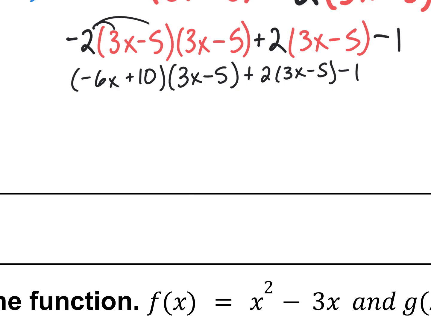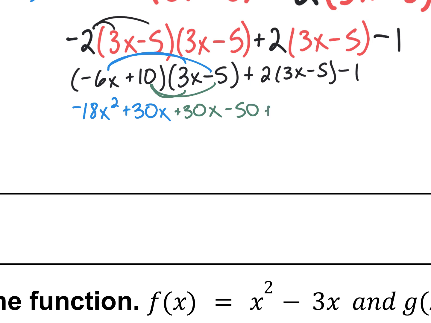The first thing I'm doing, negative 6x times 3x, negative 18x squared. Negative 6x times negative 5, 30x. 10 times 3x, and 10 times negative 5.